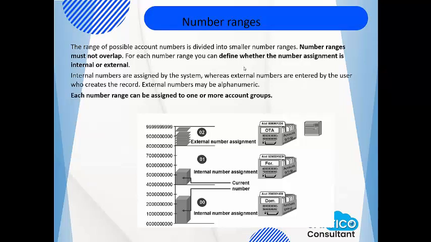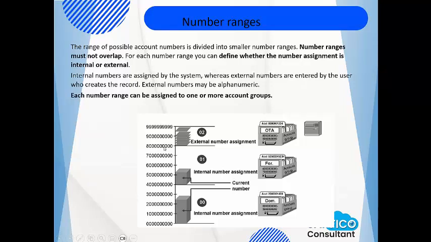So for example, we have these number ranges. See here, this is the one-time customer, this is the foreign number, and this is the domestic number. A single number range can be assigned to multiple account groups. Also, we can have a one-to-one relation.